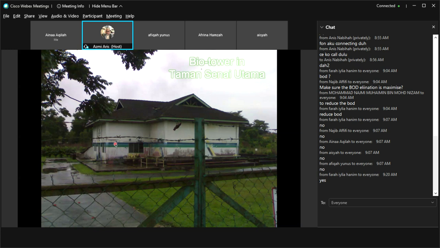Only recently, there was an agreement to transfer this treatment plant to IWK. Before this, it was operated by Majari Sendirian Berhad. Only in Kelantan, Pasir Gudang and Johor Bahru area are not covered by IWK. And also East Malaysia, Sabah and Sarawak. The rest of the country is operated by IWK.